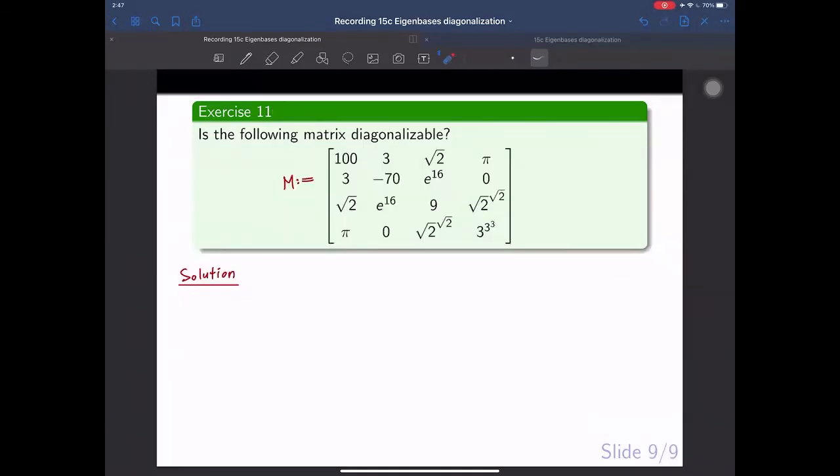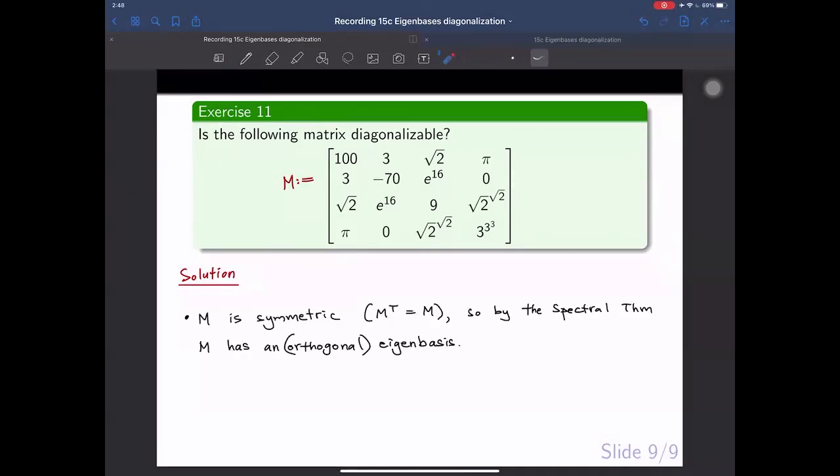In this exercise, we want to know if this matrix is diagonalizable. And let's do this without actually finding a diagonalization of the matrix. We see that this matrix M is symmetric. If we take the transpose of M, it would be equal to M. Another way to see that is we can look along this diagonal. We see that if we reflect the entries along this diagonal, all of the entries are the same.